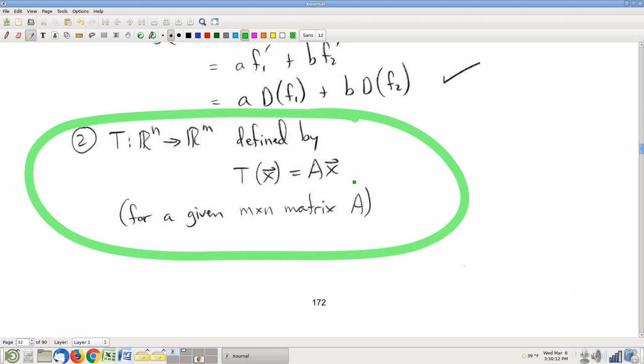So the details are a little different from the previous example, but structurally it's the same. Different use of past knowledge, matrix algebra instead of Calc 1, but morally, strategically, same proof. So give that a try. Make sure that you can do that. It'd be a great practice problem.